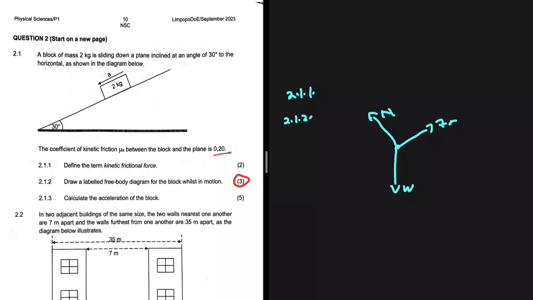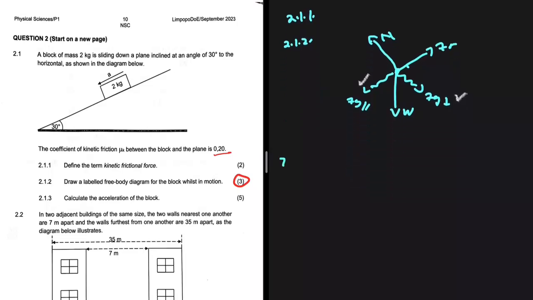So we have frictional force up the incline. Obviously, with our weight, we know that we have the perpendicular component, FG perpendicular, and the parallel component, FG parallel. You don't have to include FG parallel and FG perpendicular, but most likely you will have to use them when you calculate.